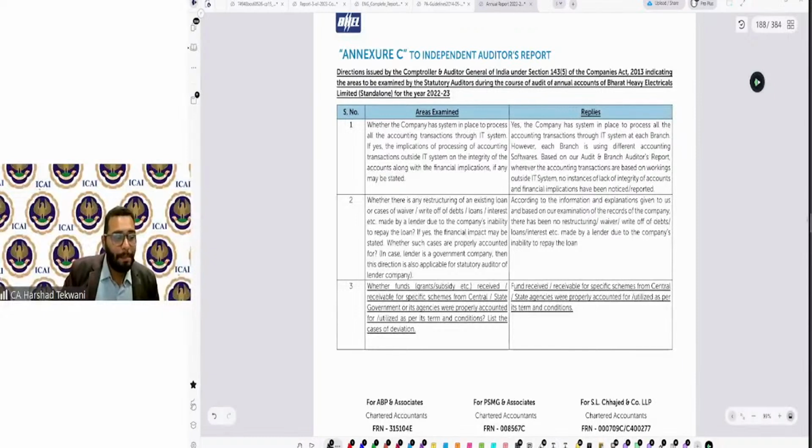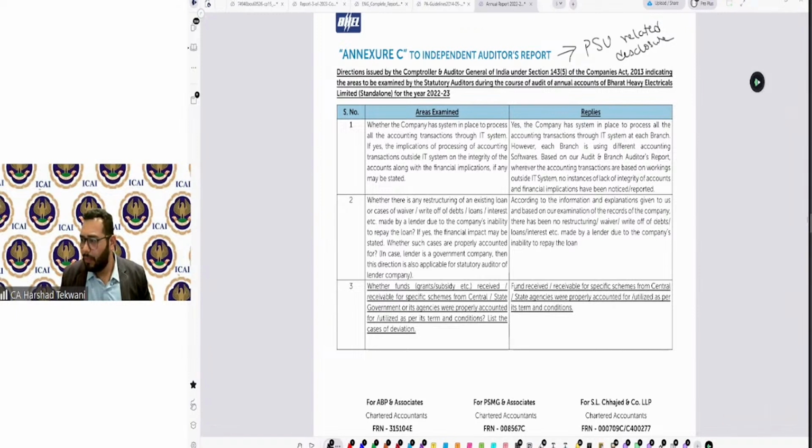So this is a specific PSU related disclosure.